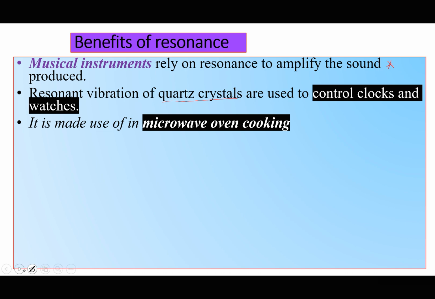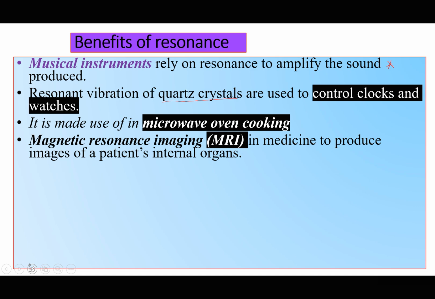Then one other common application I think is in MRI, that is magnetic resonance imaging. Even though we are no longer studying magnetic resonance imaging in paper form, MRI is a good application of resonance in medicine, especially to produce images of patients' internal organs. Here in MRI, we have radio waves, which have a range of frequencies, and they are used in the imaging process.